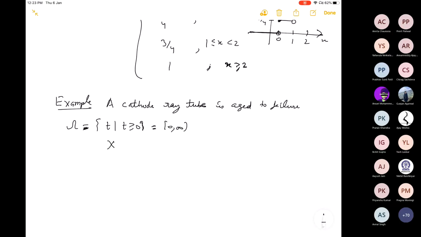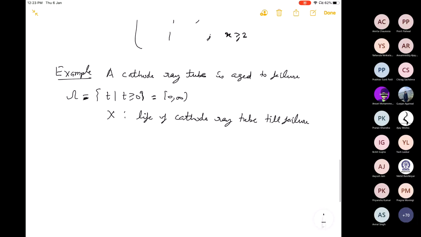X is the life of the cathode ray tube till failure.